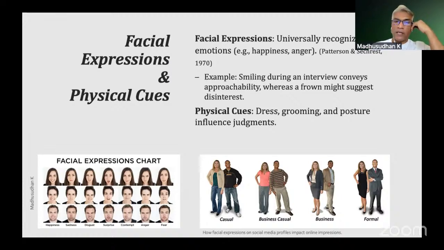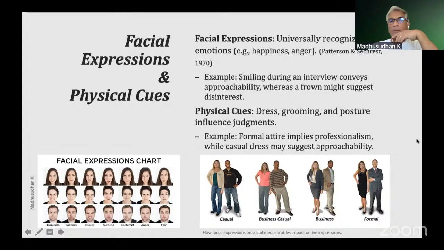So wearing proper attire is very important for the situation. I've given some examples: casual dressing, business casual, business formal. There are about 8 to 10 different types of dressing styles. I think women know more than men. And one more thing: if you are completely formally dressed, people even feel that you're somewhat unapproachable.